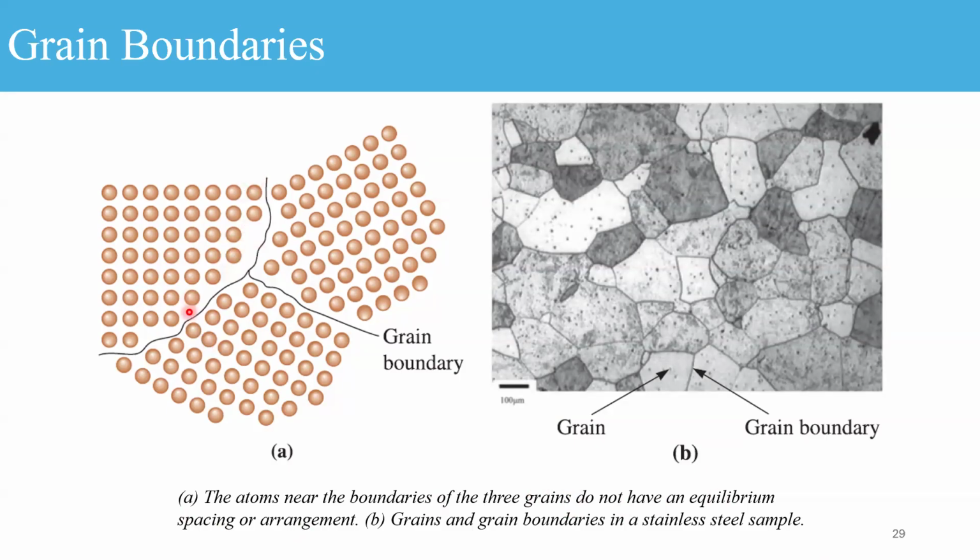You see that they have a different atomic arrangement, but other parts of these grains have regularized crystalline structures. If you look into the grain boundaries using a microscope, this is an example of a stainless steel sample. These are the grain boundaries and the grains are inside them. They look different, but they are all crystalline structures here.